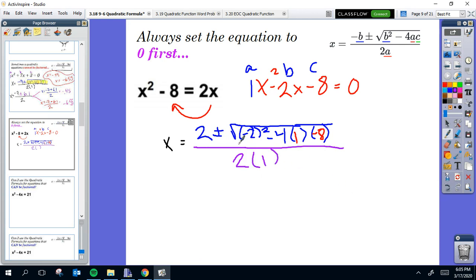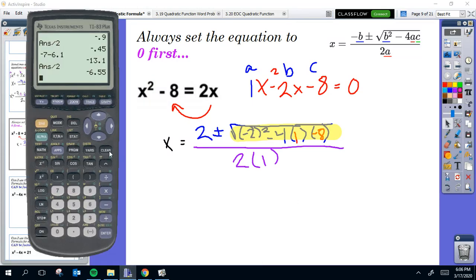All right, so I'm going to begin with this square root. I'll highlight it so you know what I'm doing. All right, and square root sign. And like I said, this is really key here. Make sure you put your negative inside a set of parentheses because you're taking it to a power. Subtraction sign, minus 4 times a times c.